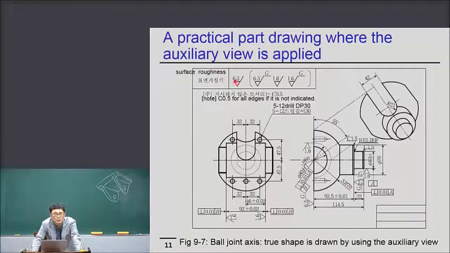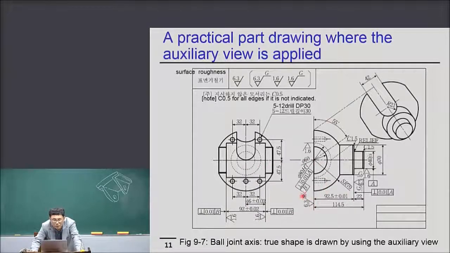Now look at it. Surface roughness 6.3, and in the curve you have 6.3 grinding, 1.6, and 1.6 grinding. Now let's look for the three surface roughnesses. 6.3 and G, where is it? Here, 6.3 and G. And where else?